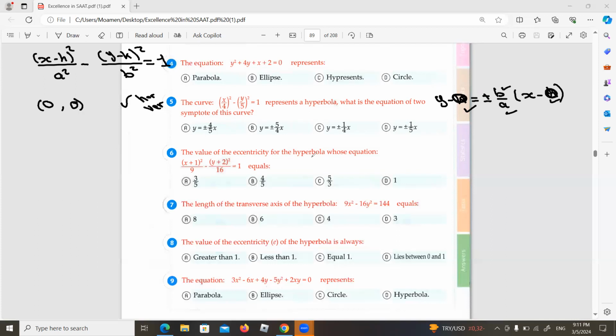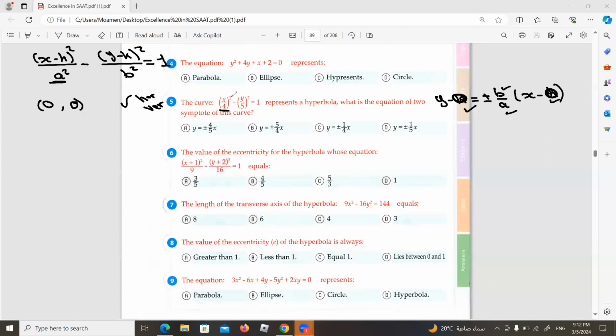Okay. What about a and b? What about the value of a? The value of a is 4. Mister, but you said down that you have a squared, it means this will be 2 because this is a squared. No, pay attention, the square is on the whole fraction. So we have 4 power 2.